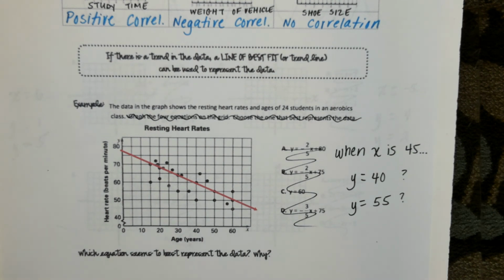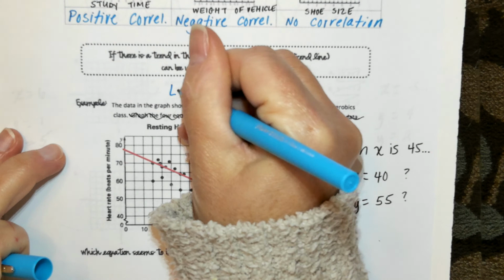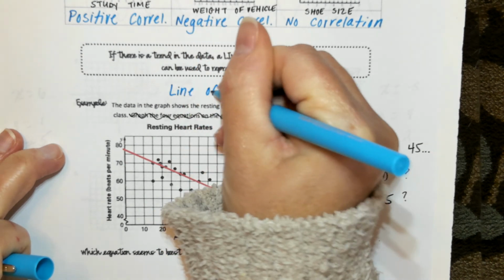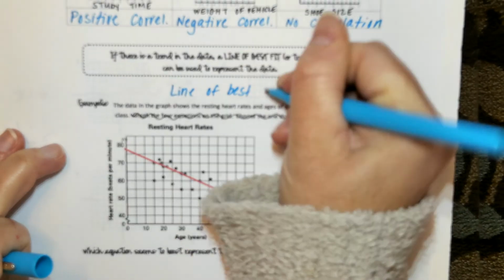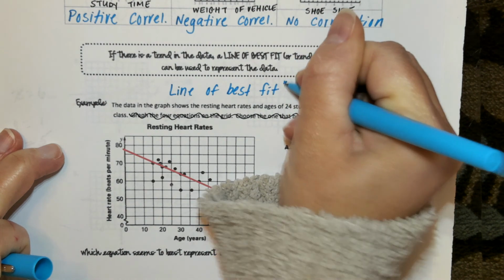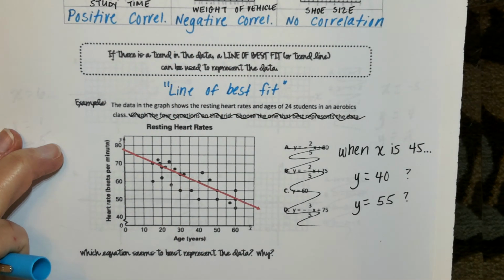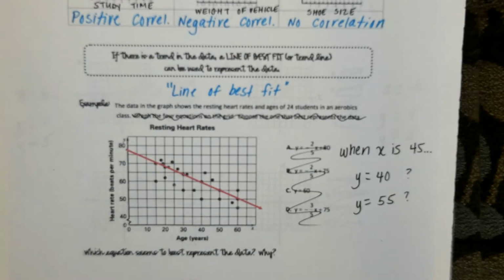If you look at a scatter plot and you notice that there is in fact a pattern to the dots, so this has a negative correlation, the dots are sprinkling down to the right, you can take a straight edge and try to draw a line right through the center of the data that would represent the data overall.